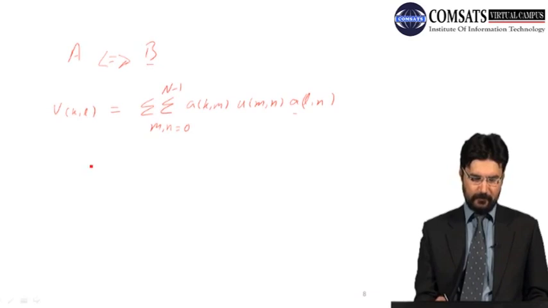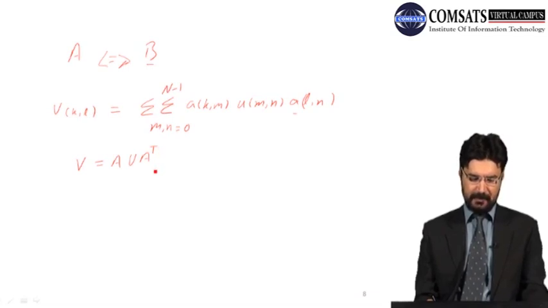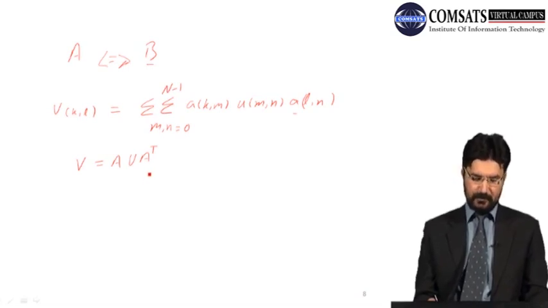So now in the form of a matrix, this equation can also be represented as V equals A U A transpose, where U is the input image of dimension capital N by capital N, V is the coefficient matrix, again of dimension capital N by capital N, and matrix A is also of dimension capital N by capital N.